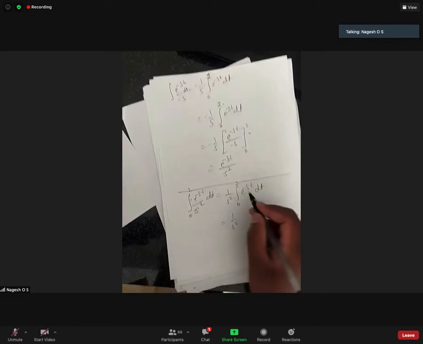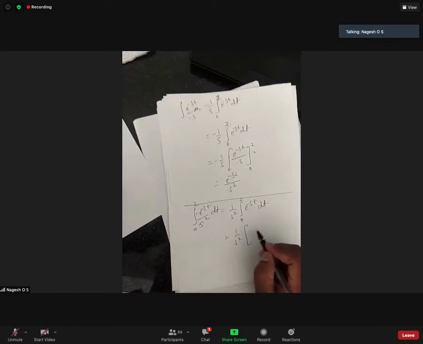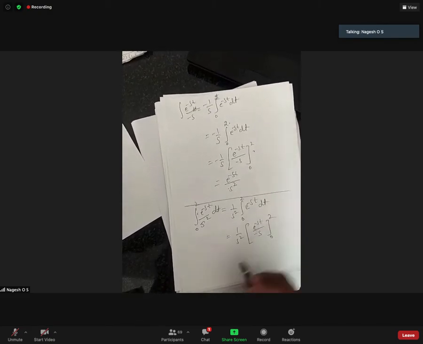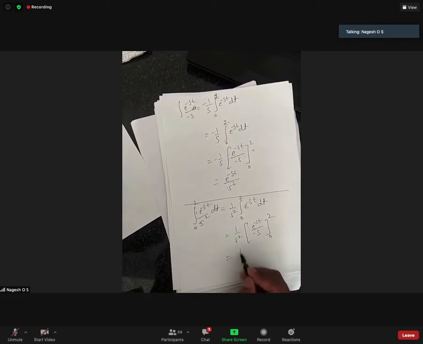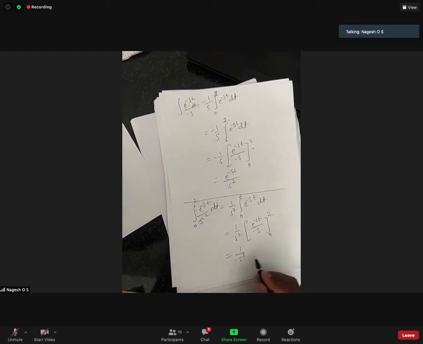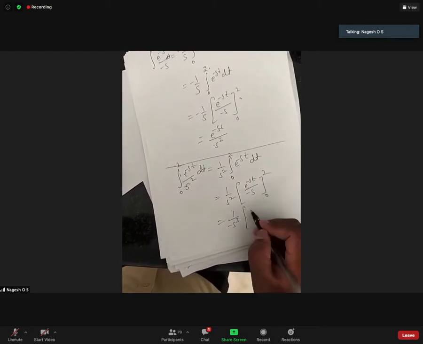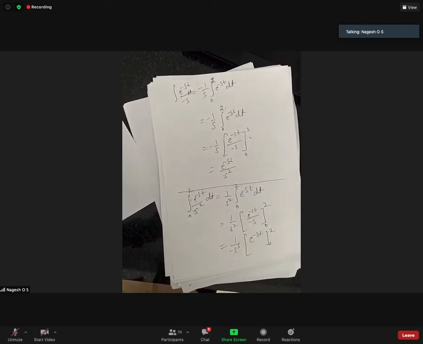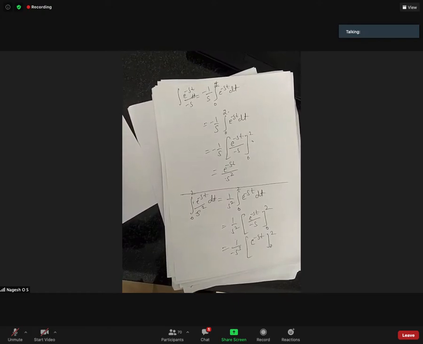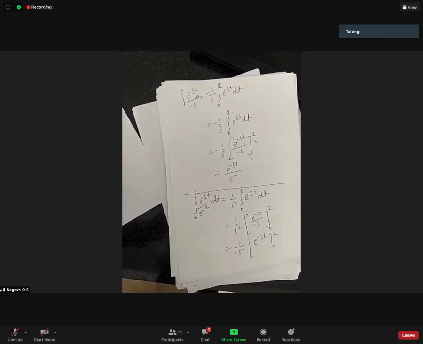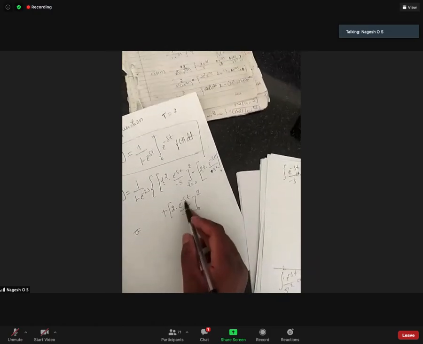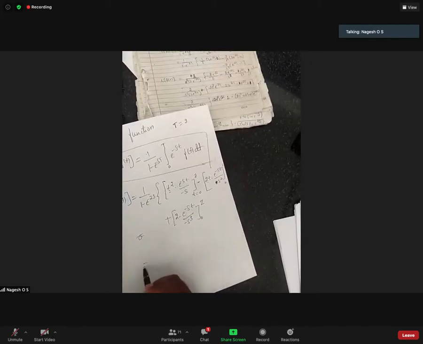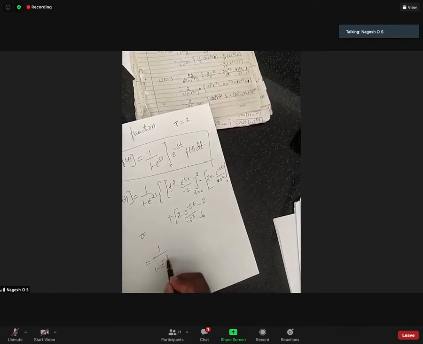Integration of e power minus st is e power minus st by minus s between 0 to 2. I write s outside, minus 1 by s cube e power minus st, 0 to 2. Correct? That's why this is e power minus st by minus s cube, 0 to 2, times 1 by 1 minus e power minus 2s.